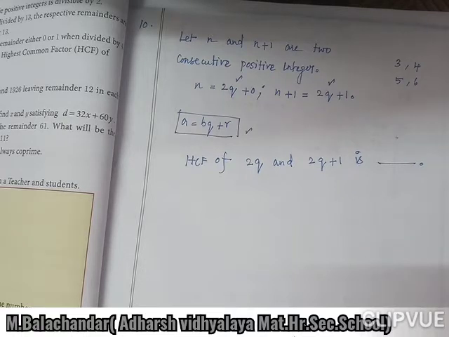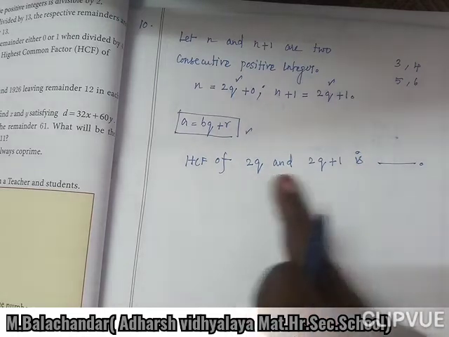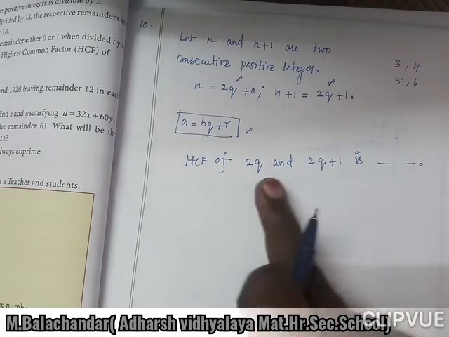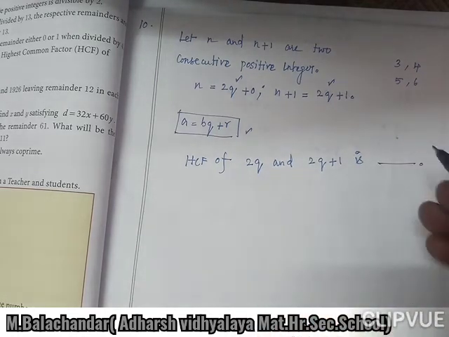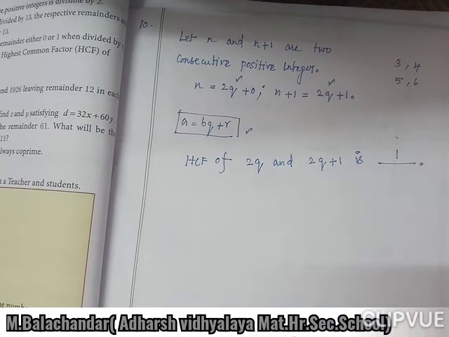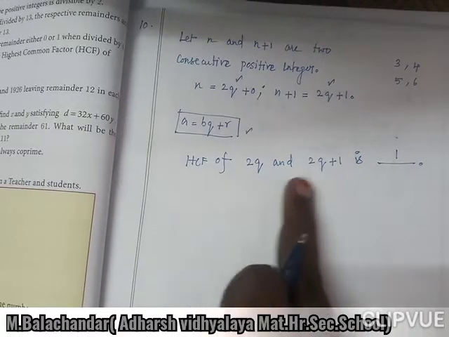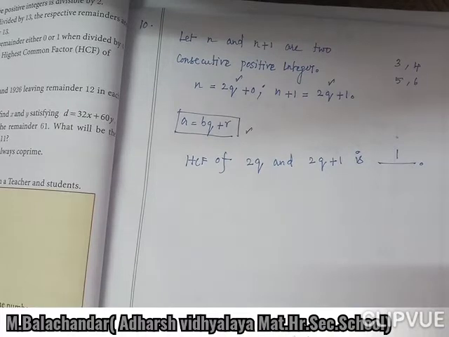If it divides only 1, we cannot consider it as a GCD. Greatest common divisor, that number should divide both numbers. But here there are no numbers except 1. Only 1 can divide both numbers 2q and 2q plus 1. Therefore HCF of 2q and 2q plus 1 is 1.